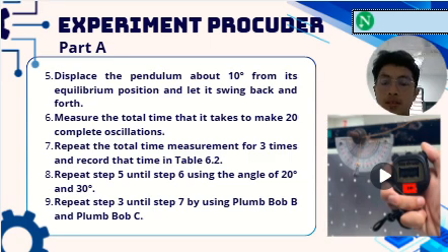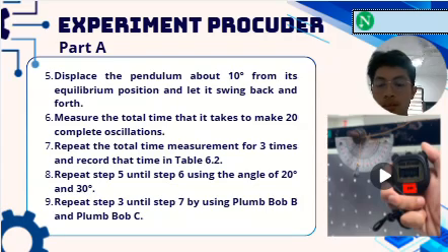Displace the pendulum about 10 degrees from its equilibrium position and let it swing back and forth. Step 6: make sure the total time that it takes to make 20 complete oscillations is measured.